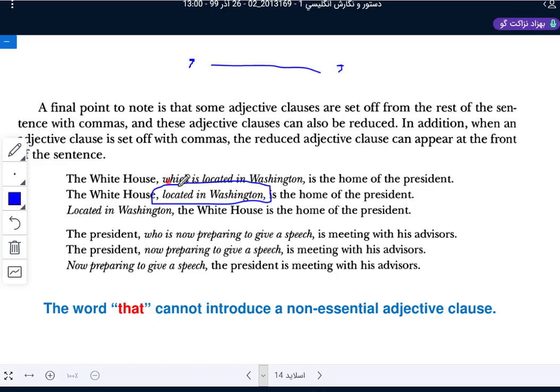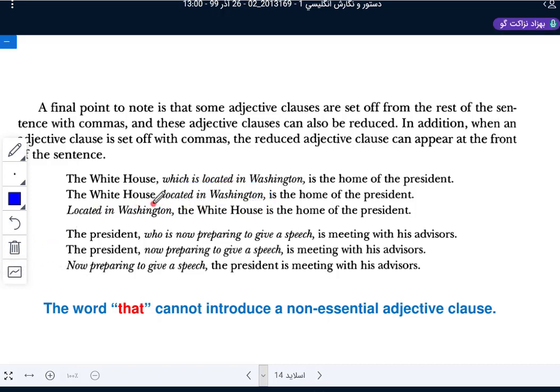We know that the White House is located in Washington, D.C. So located in Washington, D.C. is not necessary. That is why it is between two commas. It is non-restrictive. The meaning is extra. We have an idea about this. So it is non-essential or non-restrictive.